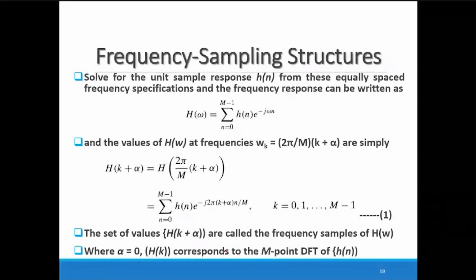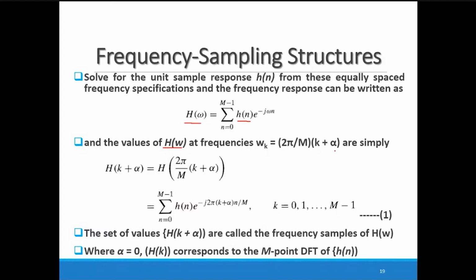H of omega is obtained from the sample response by applying this equation, and we evaluate H of omega at frequencies omega k equal to 2 pi by m into k plus alpha.